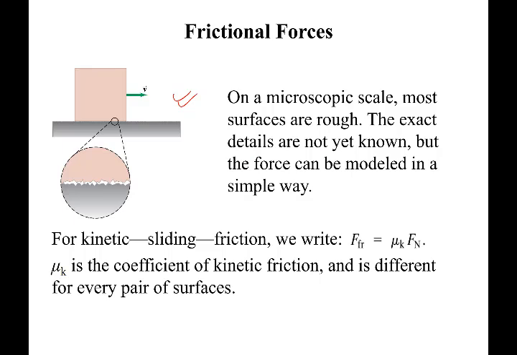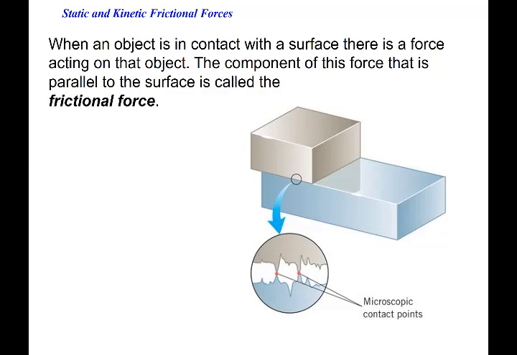We don't know the exact details, but the force can be modeled in a simple way. There are two types of friction: kinetic friction and static friction. Kinetic friction comes into play when an object is in motion, and static friction comes into play when an object is at rest.